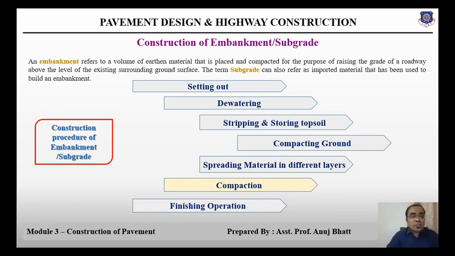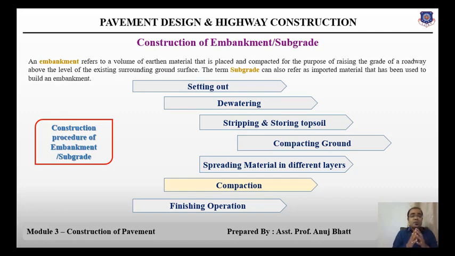The compaction shall be done with the help of a vibratory roller of 8 to 10 tons static weight. The compaction trial shall be carried out on a suitable stretch to determine the number of passes required for the particular type of soil to achieve the specified density as per MORTH.